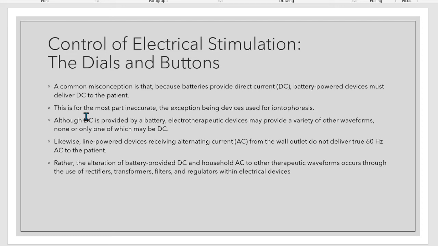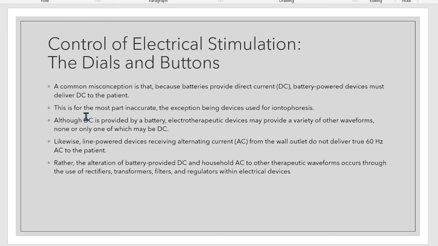So we thought that it is already DC, but no. Once it enters your device, there is a lot of hardware, transistors, integrated circuits, which convert your direct current into maybe alternating, or enhance it to become smooth.